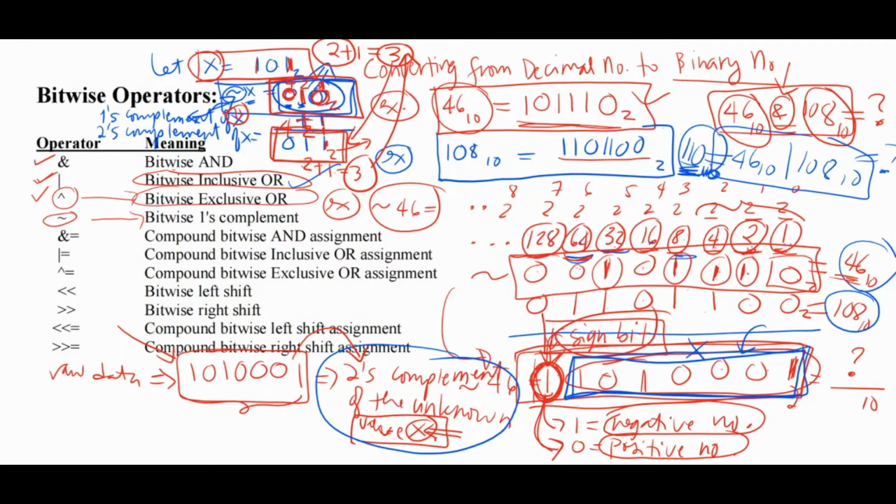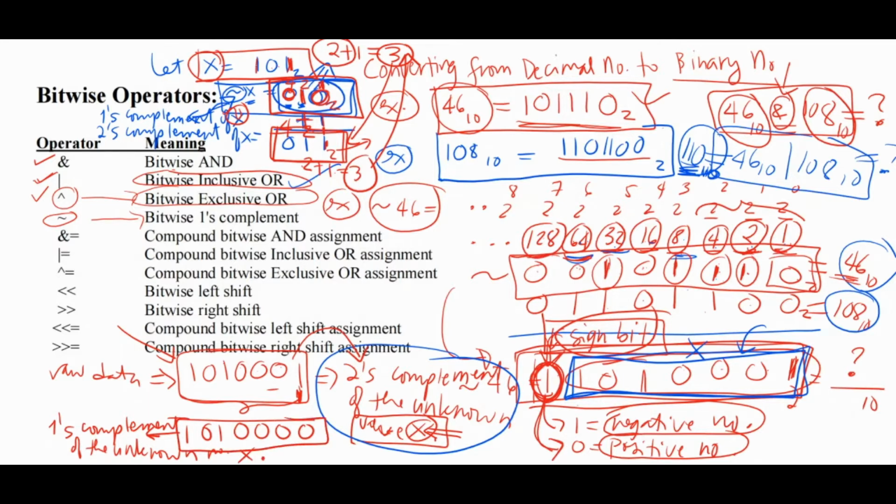So from the 2's complement, to get the 1's complement, all you have to do is subtract 1 from it. So minus 1, this would become 1010000. We call this now the 1's complement of the unknown number x.